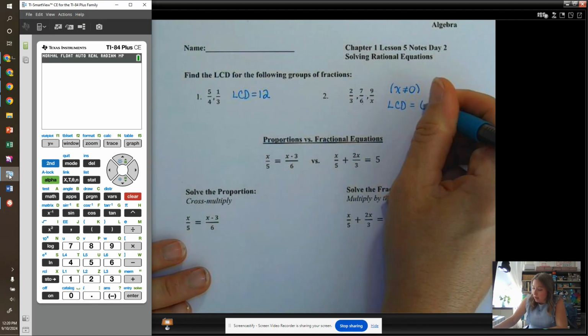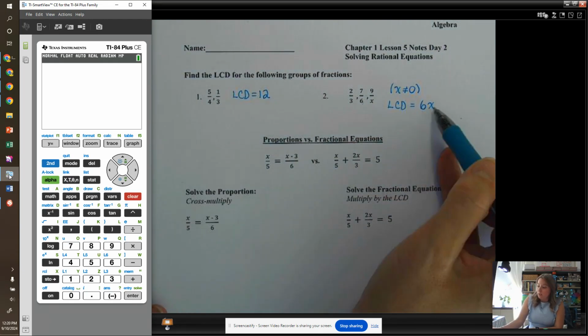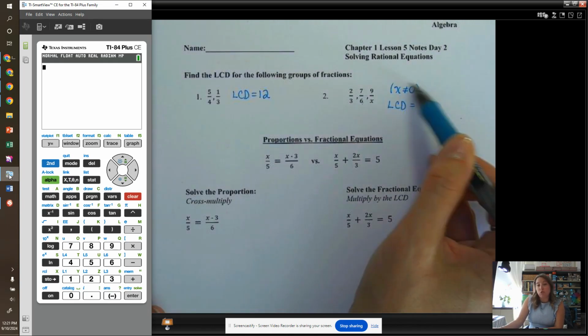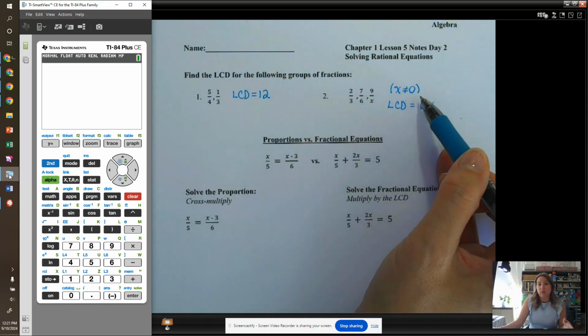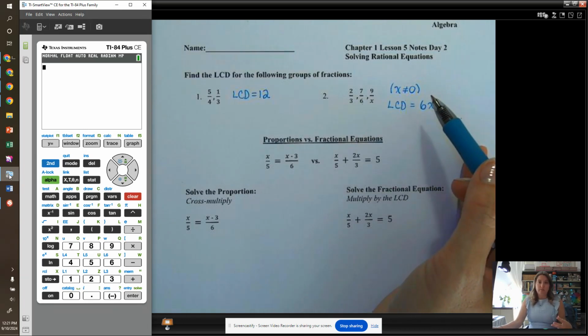So 6x is going to be my LCD here. All right, and when you have an x in the LCD, that's when you do want to make sure you state that x cannot be equal to 0. Because when you have an x in an LCD, it means you have an x in a denominator. That value can't be a 0. So just a reminder of what that is.